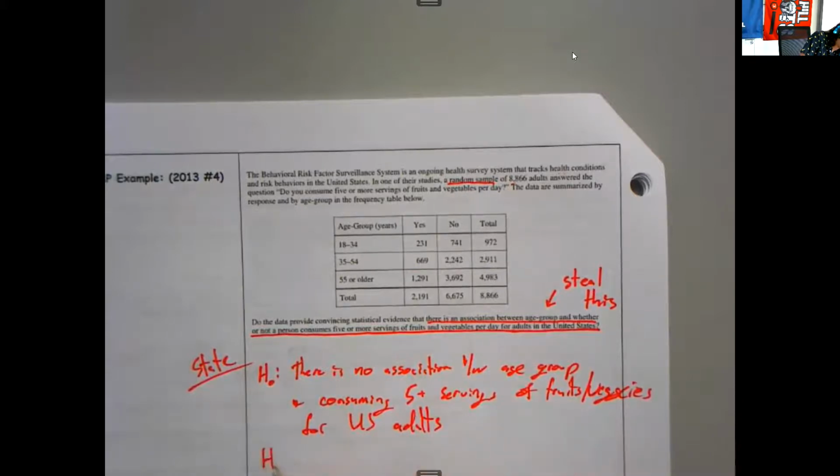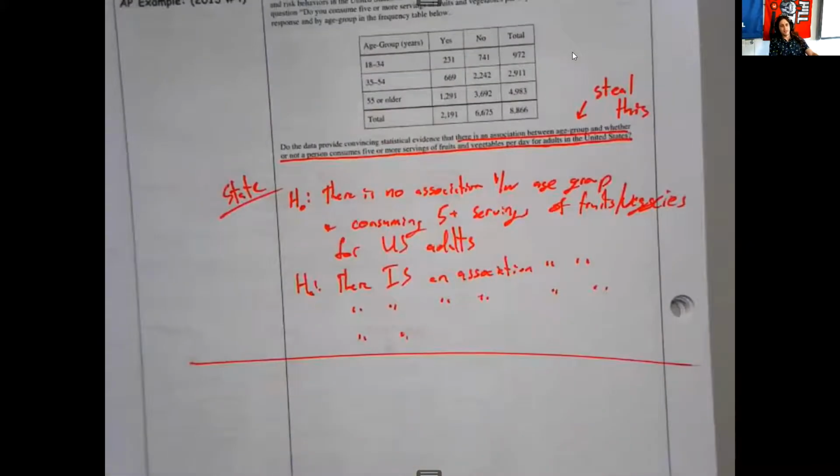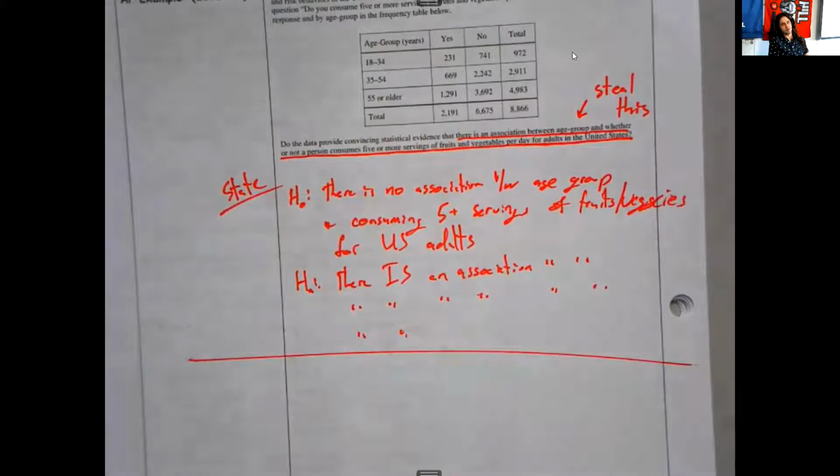And then Ha would be: there is an association between age group and consuming 5+ servings of fruits and veggies for U.S. adults. All right, I'm lazy and I'm going to ditto mark that. If it's a real AP test, please don't ditto mark it. Please, Jesus, don't ditto mark it.